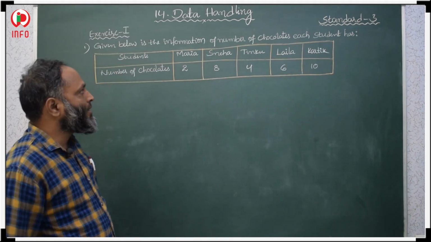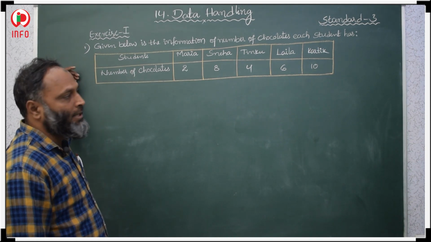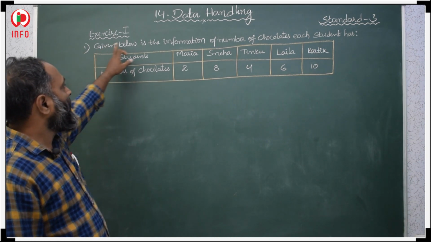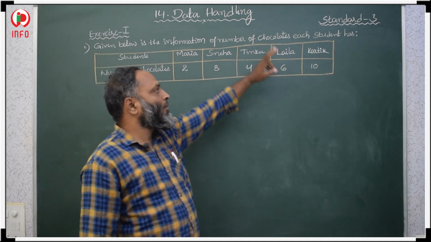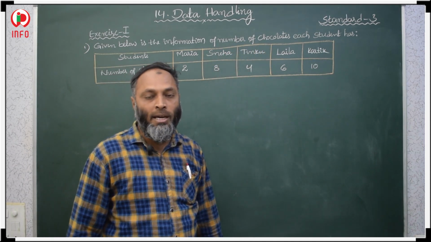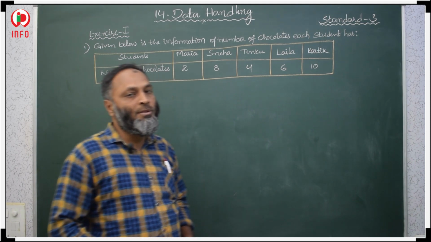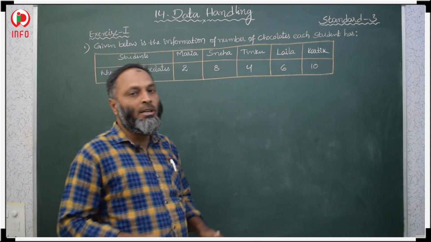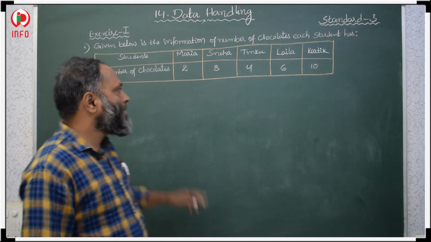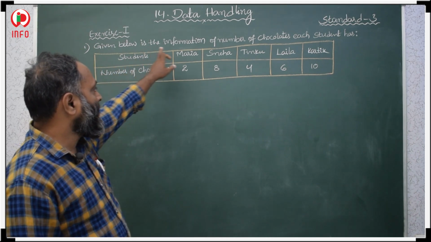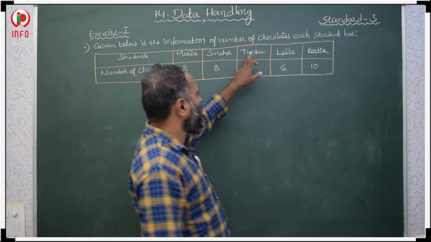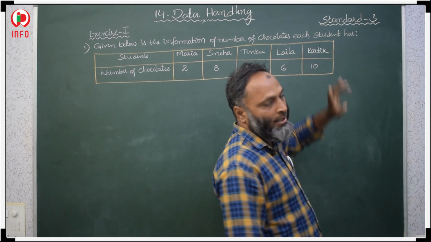Now students, see here in the first exercise what he has given. Given below is the information of the number of chocolates each student has. The student names given are Maria, Sneha, Tinku, Laila, Karthik.